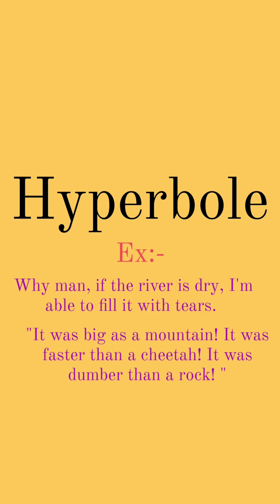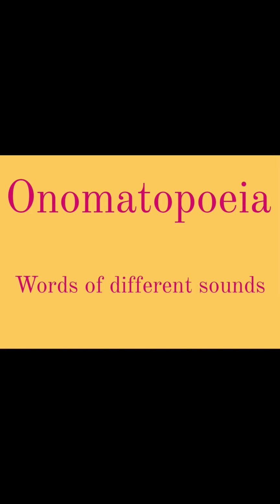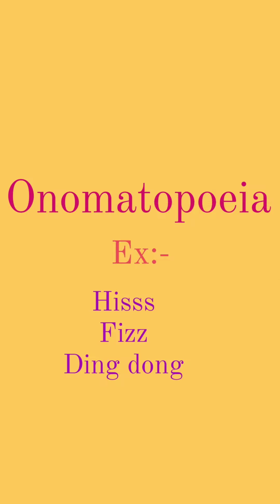Another one: if the river is dry, I am able to fill it with tears. So it is a hyperbole. And next we have onomatopoeia, where we are focusing just on sounds. For example, hiss, ding dong, fizz. So if you are using any sound, then there is onomatopoeia.